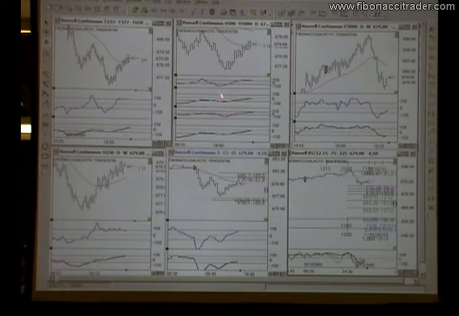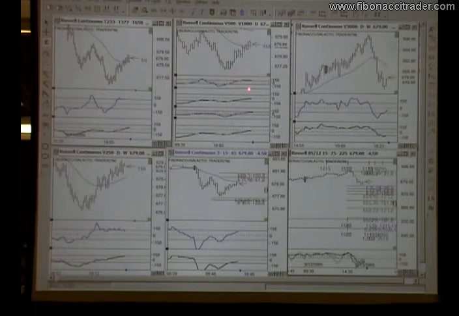Now, if this sets up long and this does not set up long, I'm going to go back and sit down and start looking around at my charts and anticipate a failure. And I would be ready to jump in on the short when it sets up. A lot of times it might set up and run up a little bit.